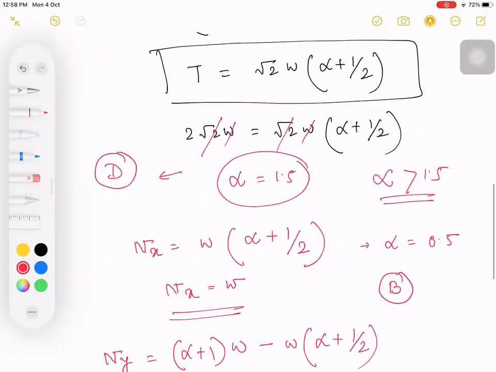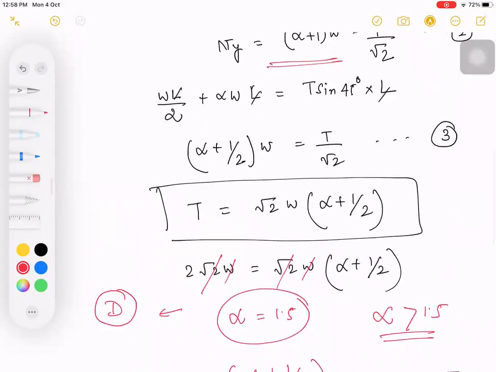What about option C? The value of tension we have got is equal to root 2 W into alpha plus half. When alpha is equal to 0.5, this part becomes equal to 1 and tension becomes equal to root 2 W. But option C says that for alpha equals 0.5, tension is twice W, which is not correct.